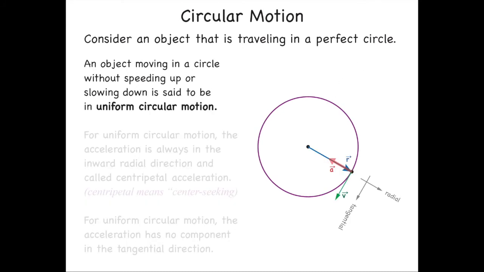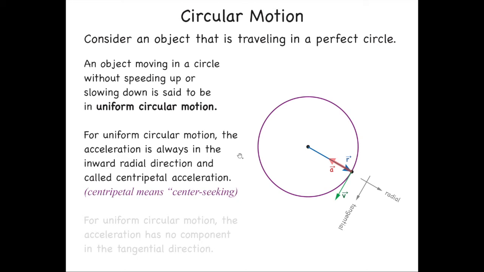A particular special case of this type of curved motion is what's called uniform circular motion. Uniform circular motion refers to an object that's moving in a circle, but without speeding up or slowing down. It's obviously changing direction, so its velocity is changing, but only the direction of the velocity and not the magnitude of the velocity is changing. For uniform circular motion, the acceleration is always in the inward radial direction, and it's called centripetal acceleration.